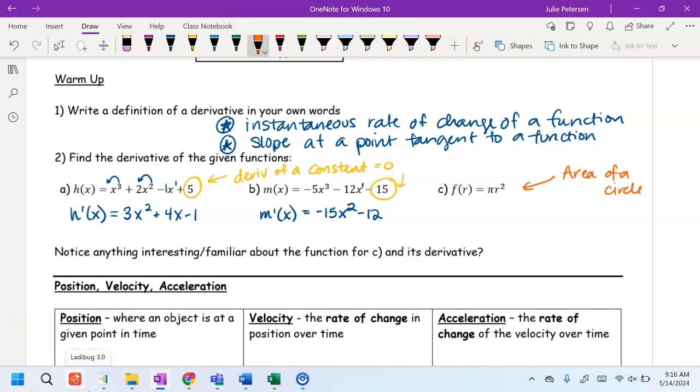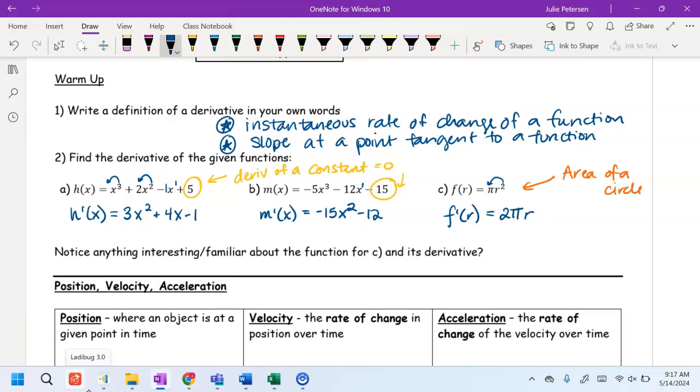And so we want to find the derivative, and then we'll look for something interesting or familiar about the derivative of this. So we're going to say f prime of r. That indicates the derivative of f of r. And then this 2 is going to come out and become a coefficient that joins with the existing coefficient, pi. So it's 2 pi. And then r squared just drops to a power of 1.